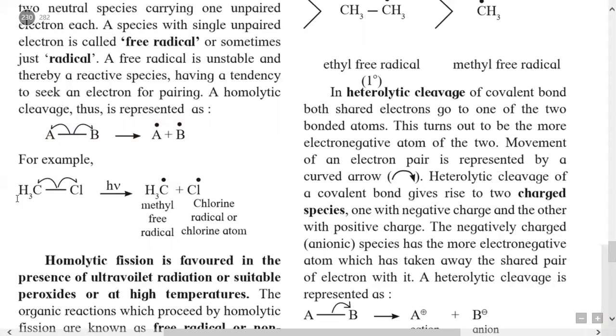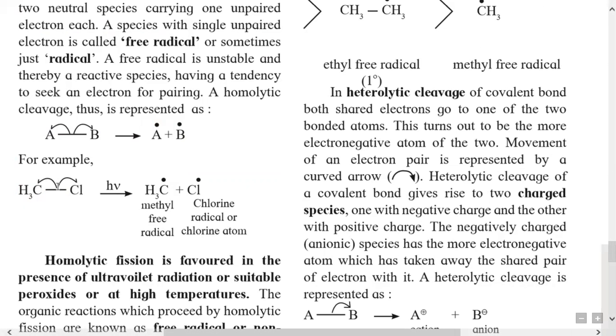Here is one example of homolysis or homolytic fission. This is CH3 single bond Cl, CH3Cl, named methyl chloride. Here is the single bond between carbon and chlorine. This bond breaks homolytically. The sign for identification of homolytic fission is the half-headed curved arrow, or fish hook.